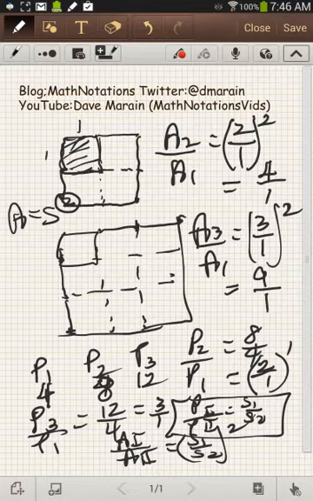Furthermore, area is measured in square units. If this is 1 square unit, it kind of makes sense that we're looking at not 2 units or doubling, but rather 2 squared, 4 square units.